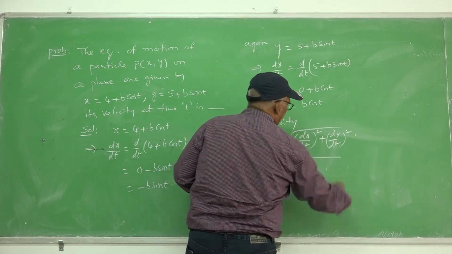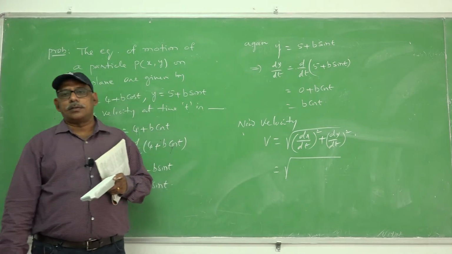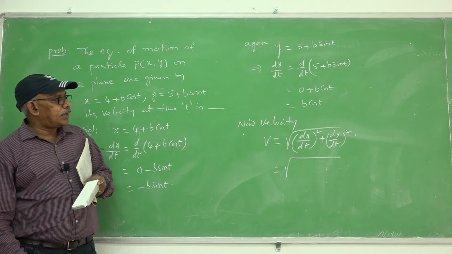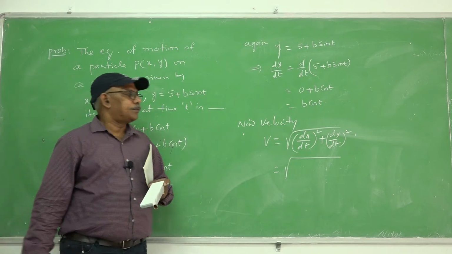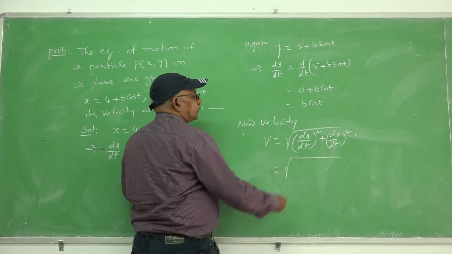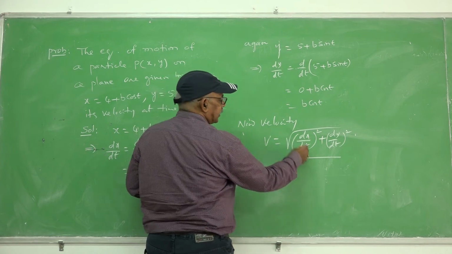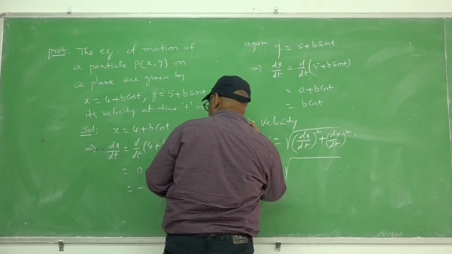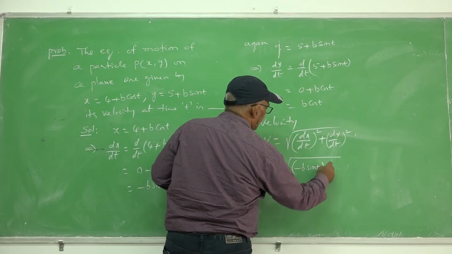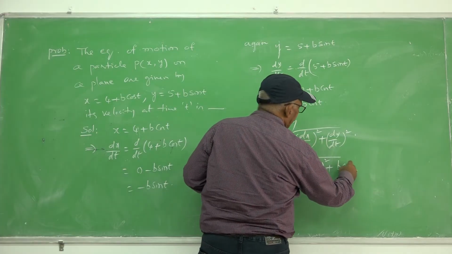The velocity is given by the square root of the rate of change along the horizontal line and the rate of change along the vertical line, that means along the x axis and along the y axis. Here dx by dt is minus b sin t, whole square, plus dy by dt is b cos t, whole square.